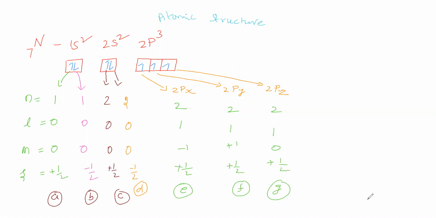So that gives Pauli's conclusion. What is Pauli's conclusion? No two electrons in an atom can have all the 4 quantum numbers the same.